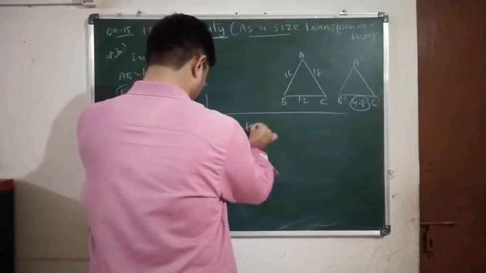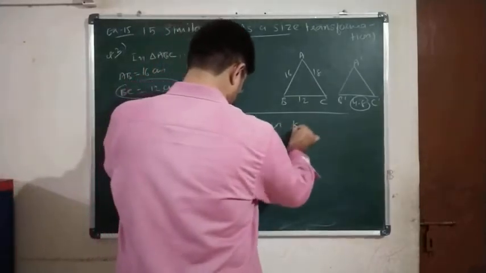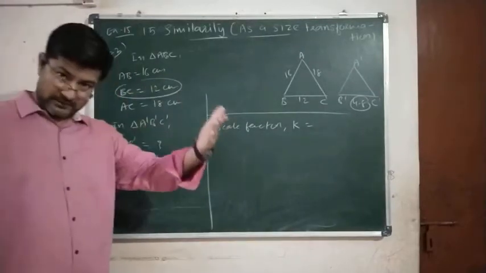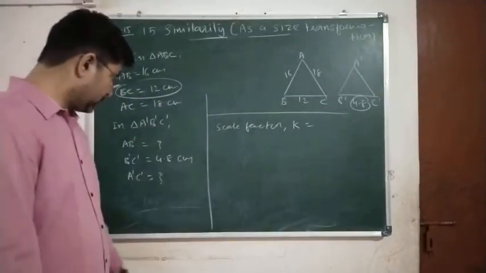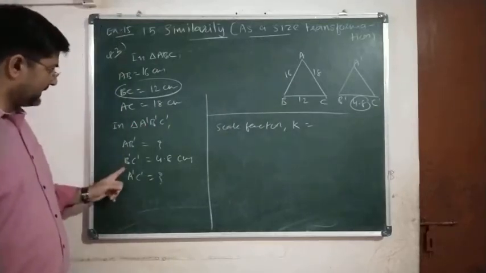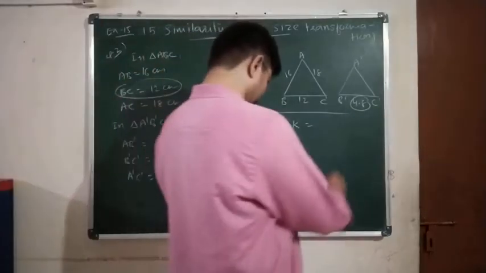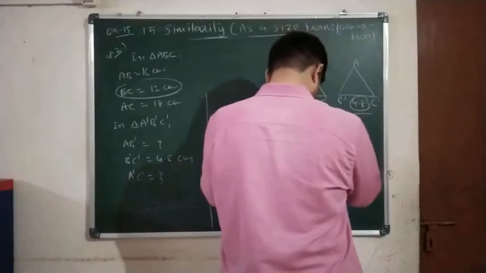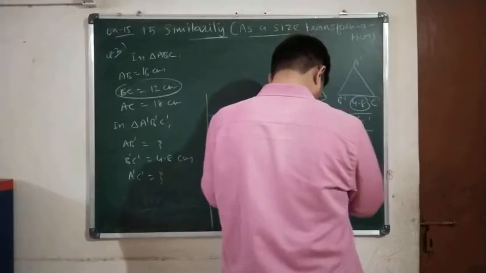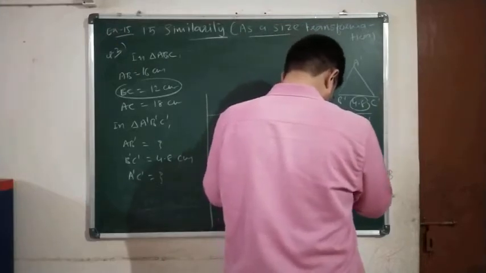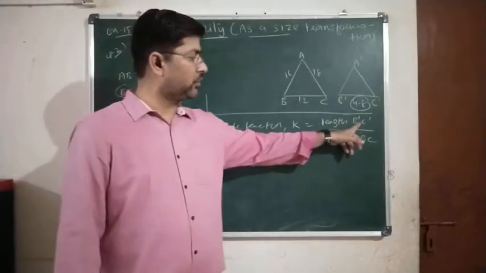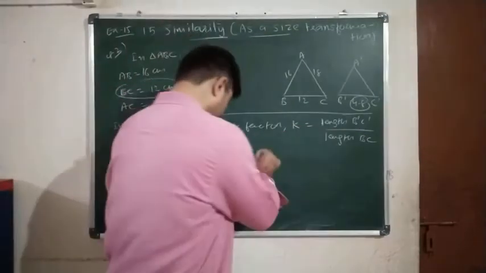Okay, so now let us calculate the scale factor. Now you have understood, to find the K, image length upon actual length. So the two lengths are BC and B'C'. So length B'C' upon length BC. No need to write even this word length, you can directly write B'C' upon BC.